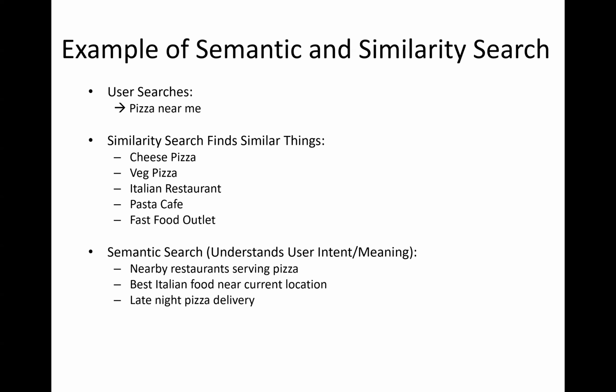As we gave the prompt "pizza near me," if you focus on "near me," it will give us results near the current location. Based on that, it finds the pattern, it sees the vector, and according to that vector, it finds similar vectors which are located nearby, and accordingly it gives the semantic search.